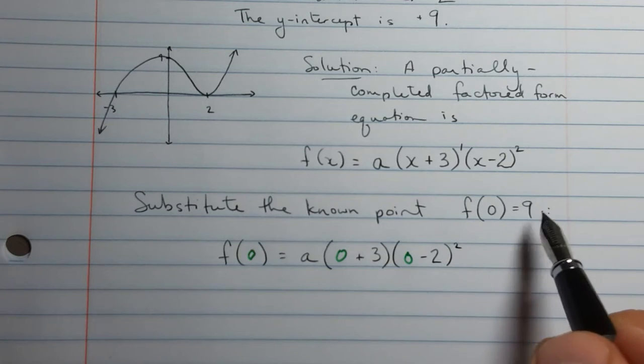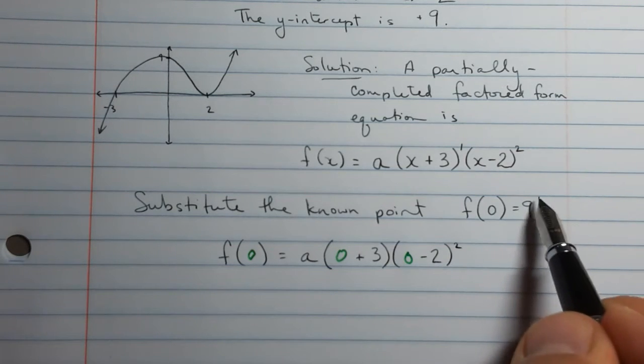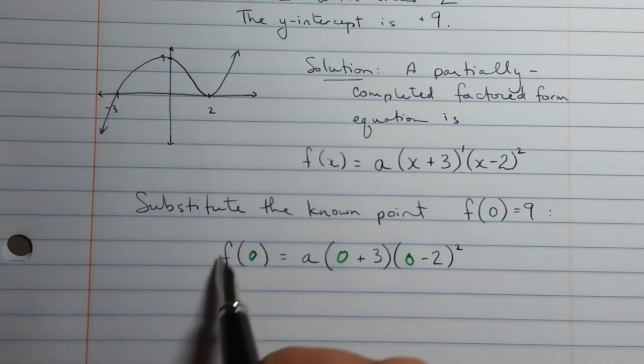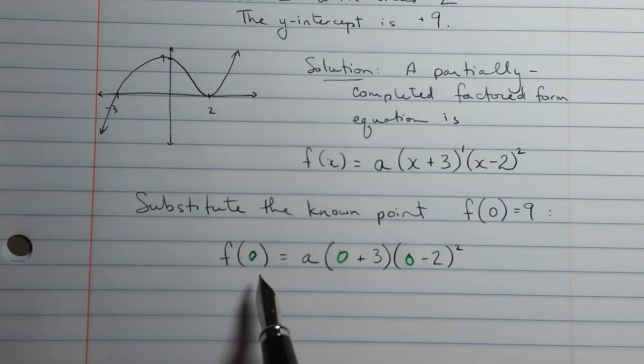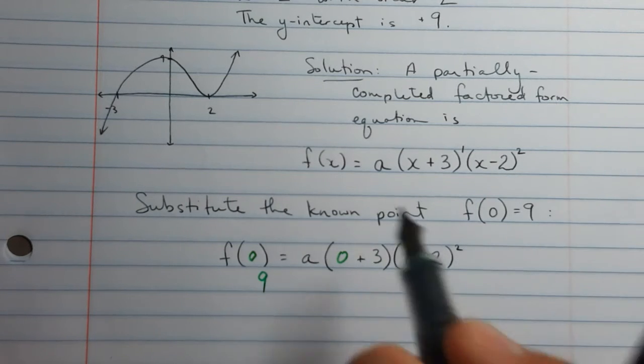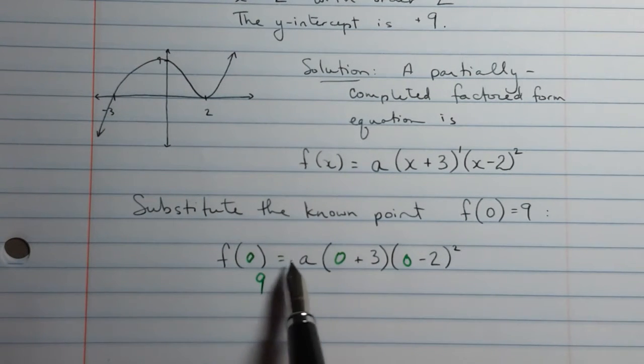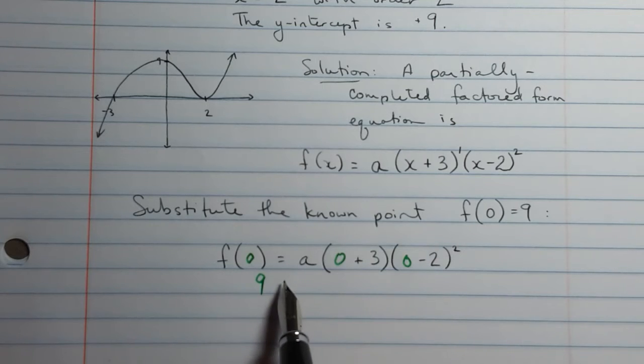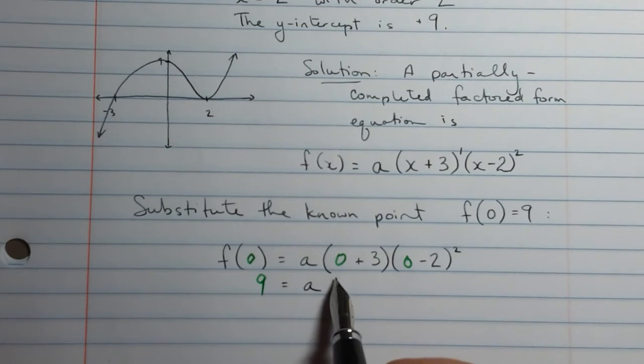Now we haven't put the value 9 in yet because 9 is f at 0, and I'm going to replace this side of the equation now with the number 9. That's the substitution of the value 9. You could have written 9 right away, 9 equals this stuff, but I'm trying to show you how it all works out.